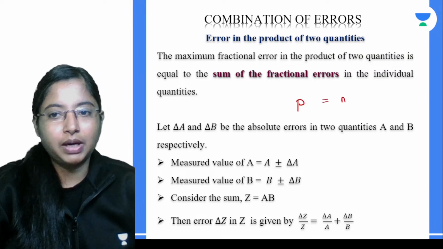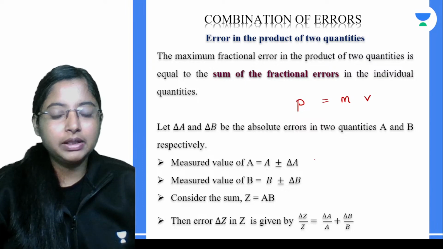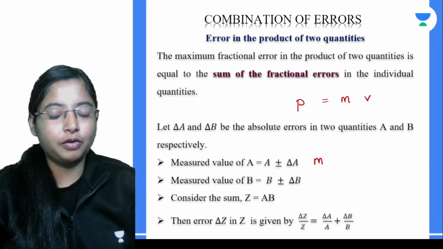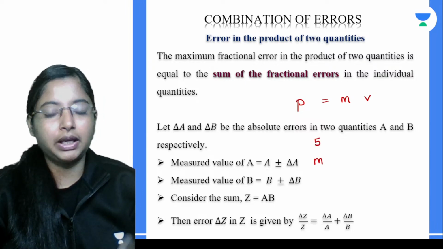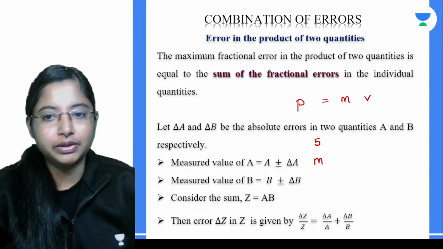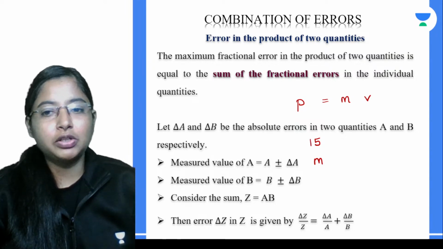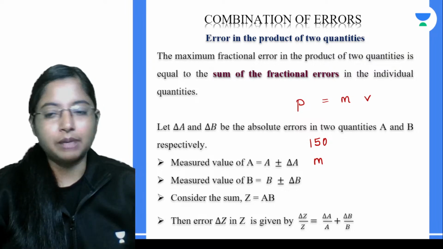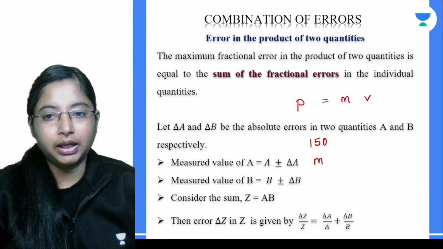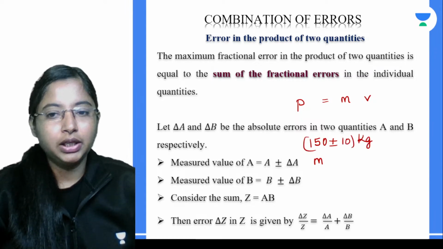Momentum using mass into velocity. You could measure the mass of this particular quantity. For example, let's say a car is going by and the car weighs approximately 150 kgs. I'm going with a bigger number again: 150 plus or minus, let's say around 10 kgs. So this is the error in mass, delta m.